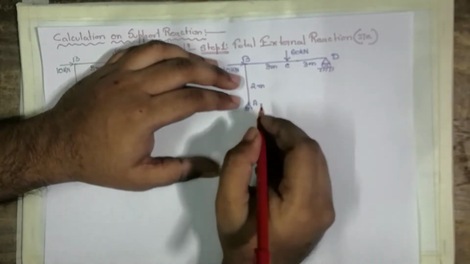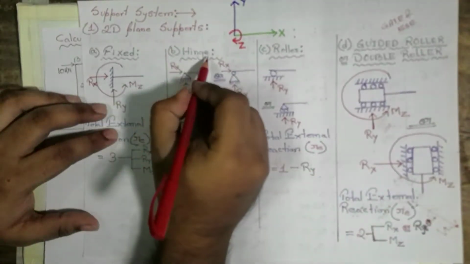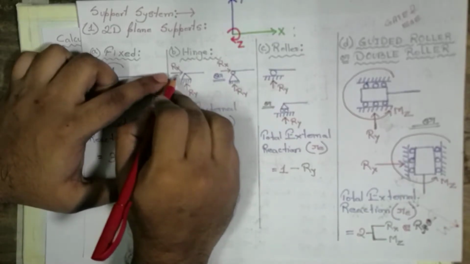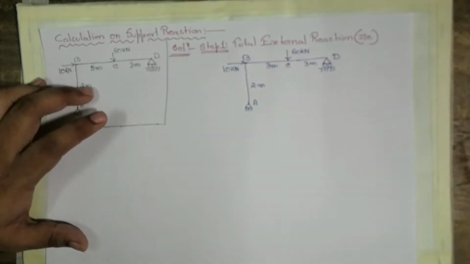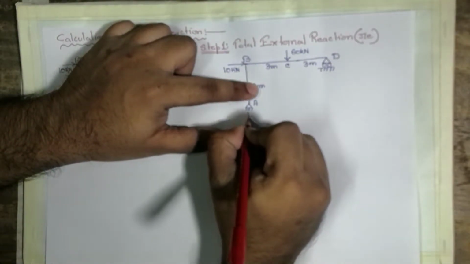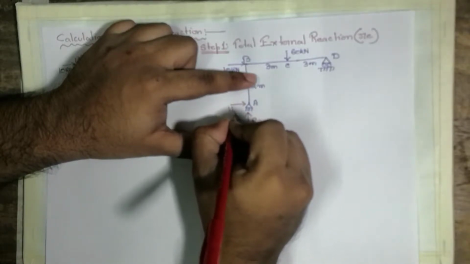Now since A is a hinge support, we know that hinge support has two reactions. One is a horizontal and one is vertical. So we are going to write it as a vertical reaction and a horizontal reaction.